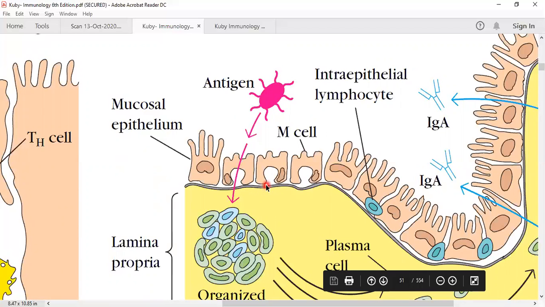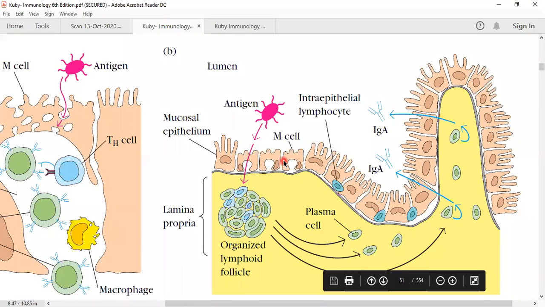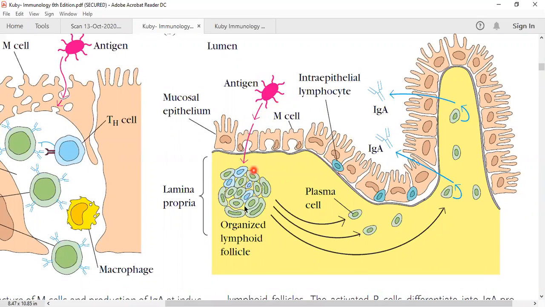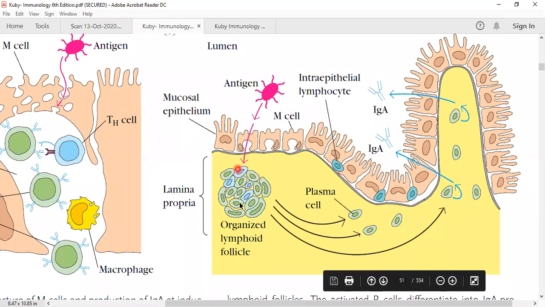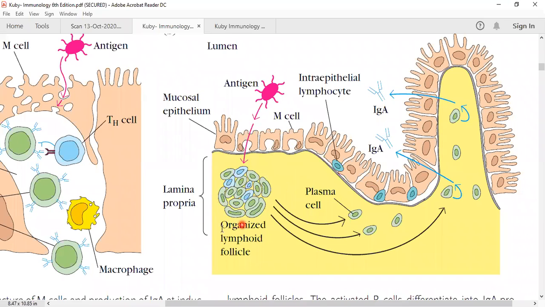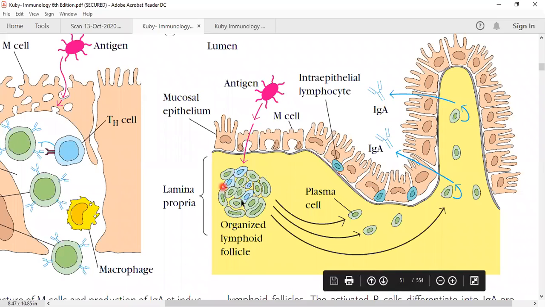But the M cells are specialized, helping in the transport of antigen across the epithelial membrane, or mucosal epithelium. Finally, in the lamina propria region, which is situated in the submucosa, there are organized lymphoid follicles, which are primary follicles, right? But if antigen comes, it helps this follicle become a secondary follicle with the germinal center.